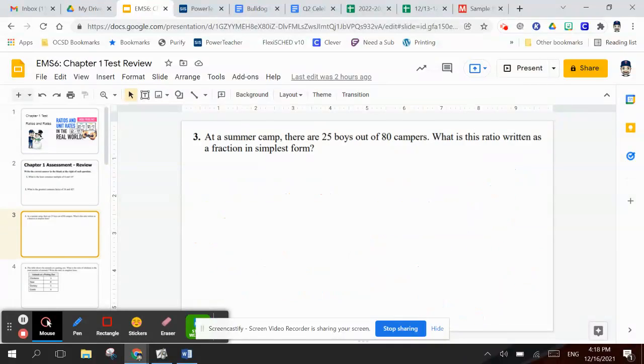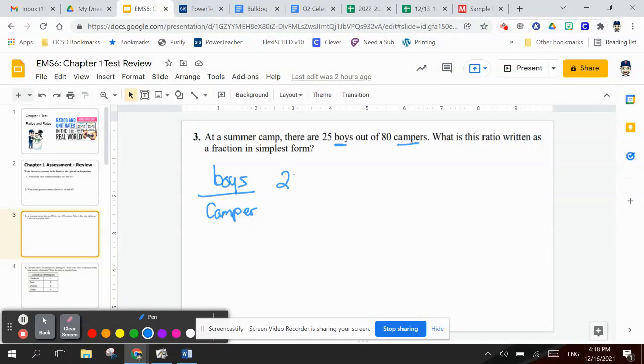Number 3, at the summer camp, there were 25 boys out of 80 campers. What is the ratio written as a fraction in simplest form? So first thing is when I talk about ratios, what 2 things am I comparing? Well, I'm comparing boys and campers. What do I know about boys and campers?